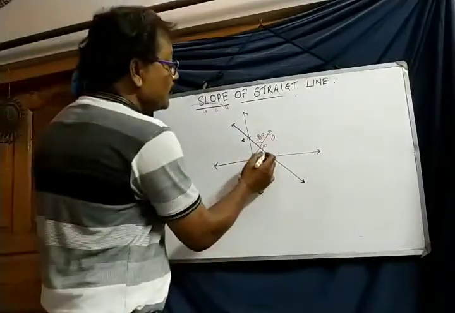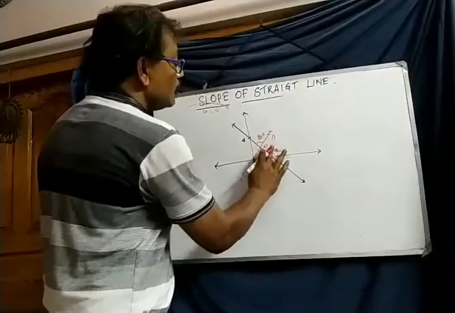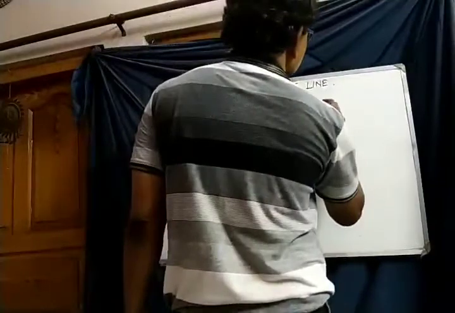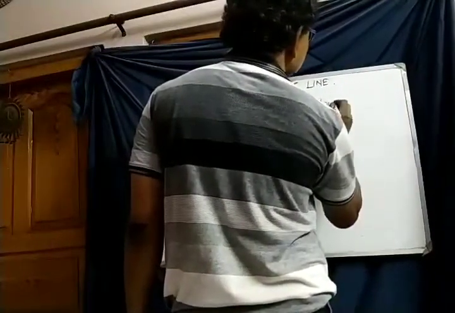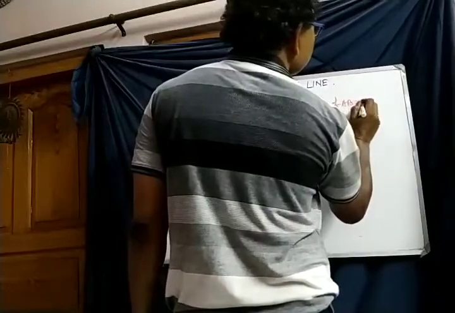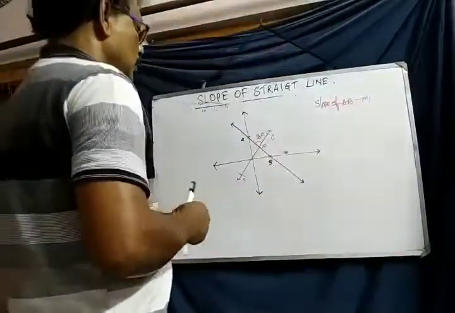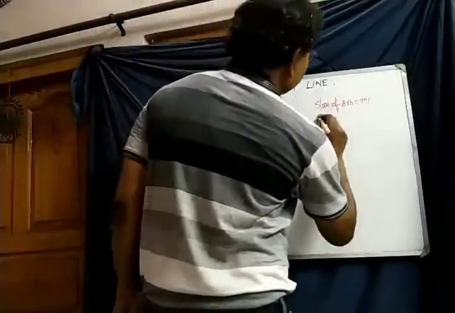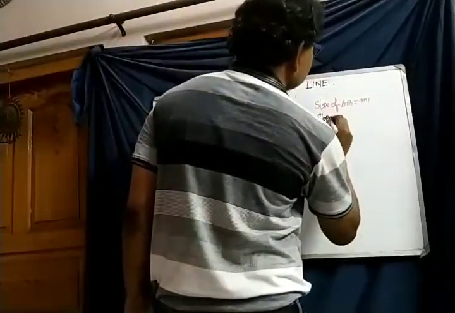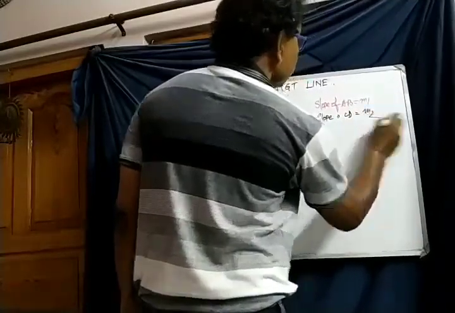If the slope of this straight line AB is m1, and the slope of CD is equal to m2.